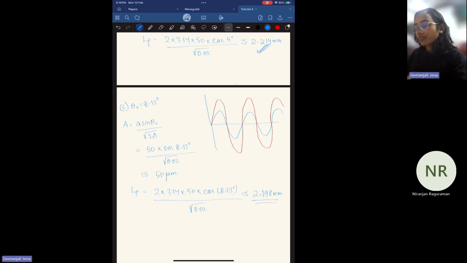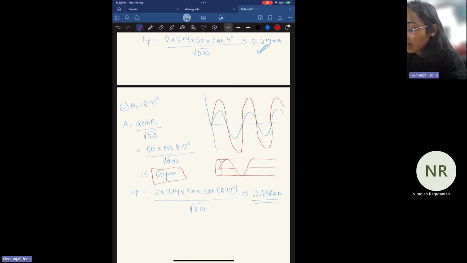Okay. So one thing that you can notice is the amplitude for this ray is 50 micrometer, and 50 micrometer is the value given for the core radius. So that means at this angle, it is already touching the core-cladding interface.